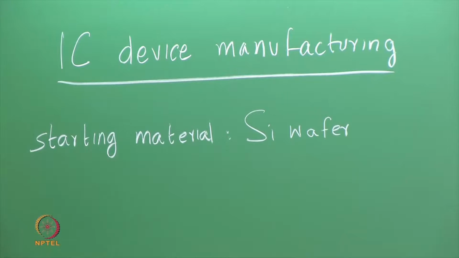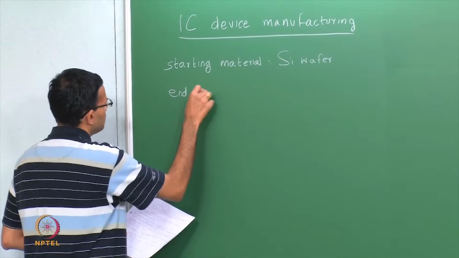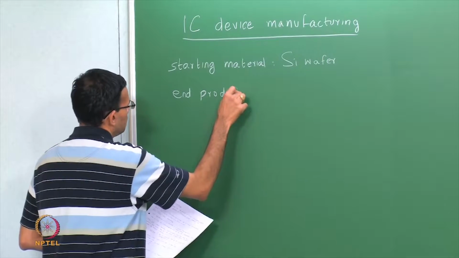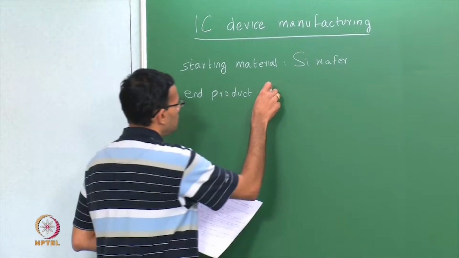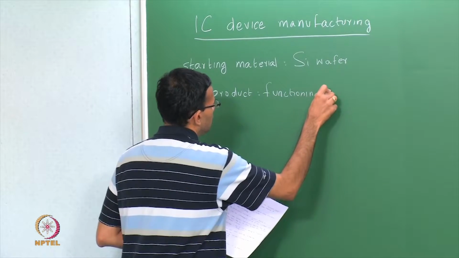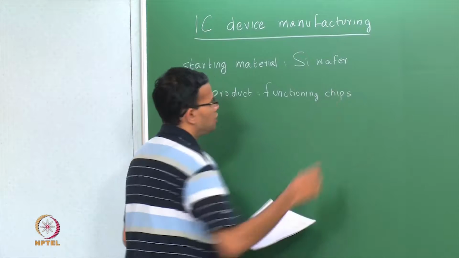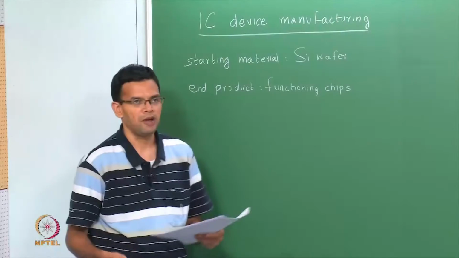This is just the bare silicon wafer in the final configuration that we want. The end product is a silicon wafer containing the functioning chips, which are then separated out and packaged into the final product. So, this series of steps which start from your bare wafer and give you your functioning chip is the wafer fabrication process.